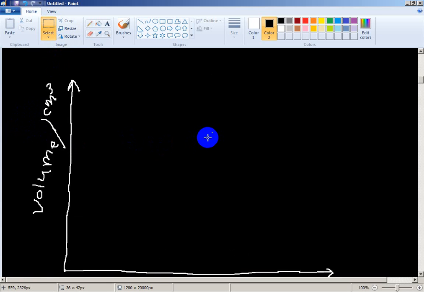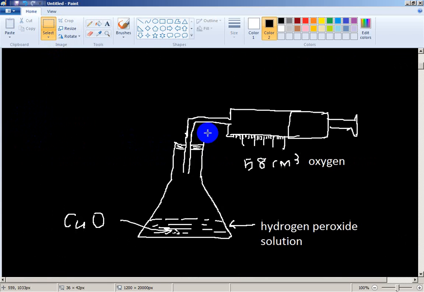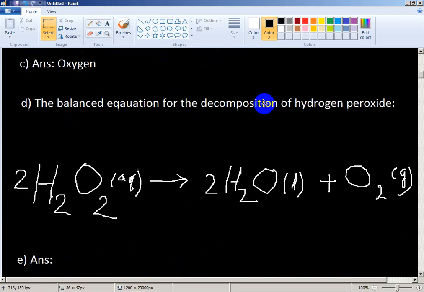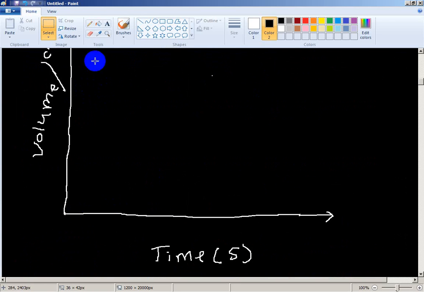Okay, time, horizontal like this: time 0, 10, 20, up to 90. Here is 0. This intersection is 0.